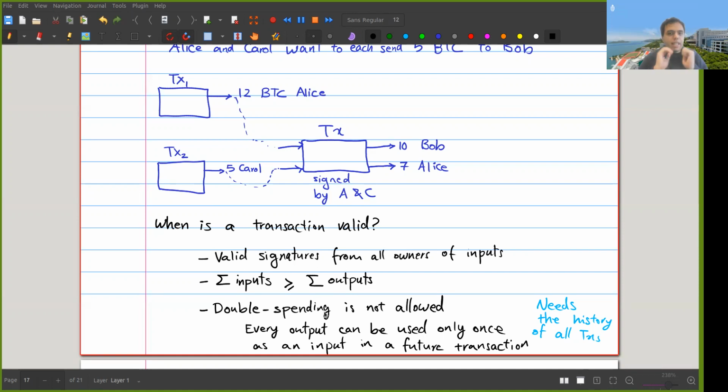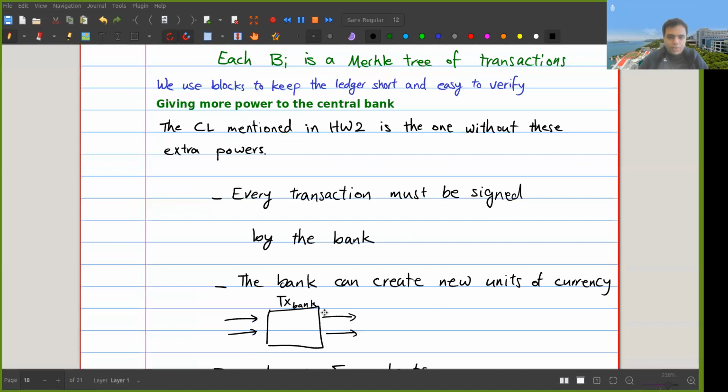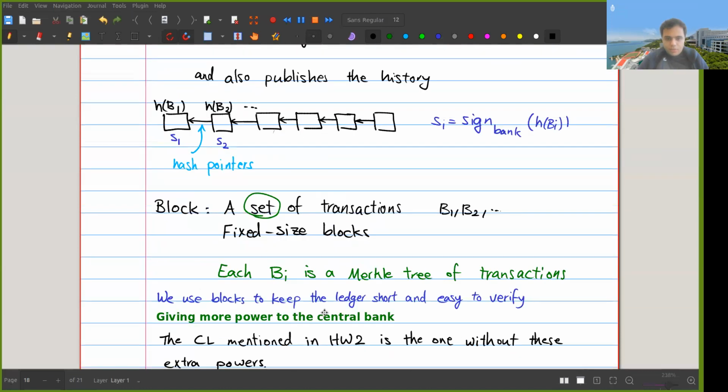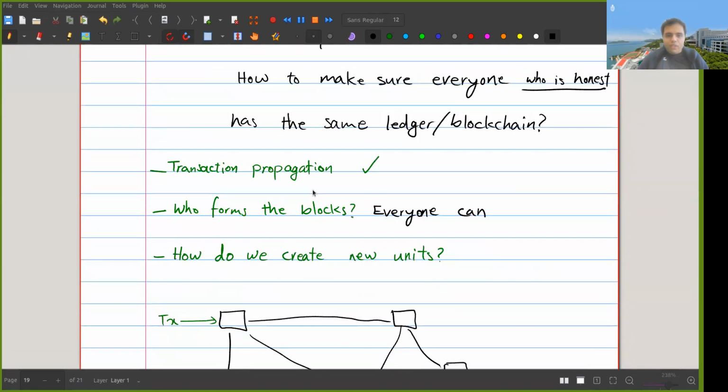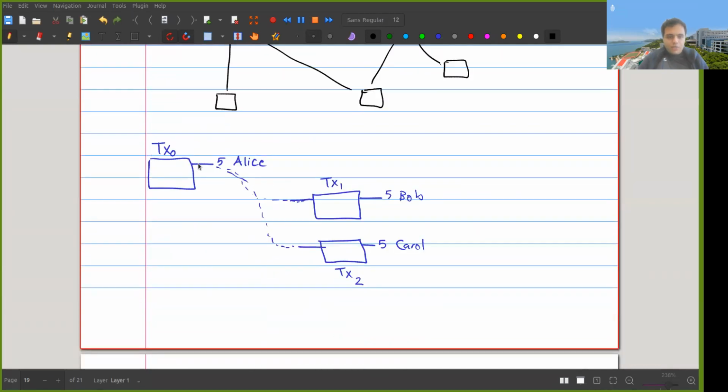So whether a transaction is valid or not depends on the order of transactions. And this is also what we had here. So if in the order of transactions, when we're doing a double spending like this, if transaction 1 comes first, then transaction 1 is valid and transaction 2 is invalid. But if transaction 2 comes first, then transaction 2 is valid.